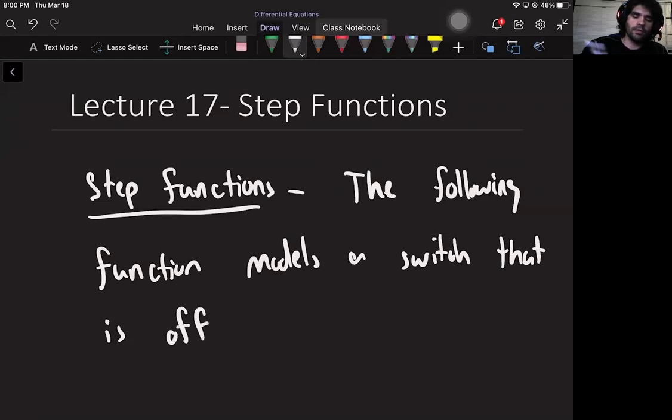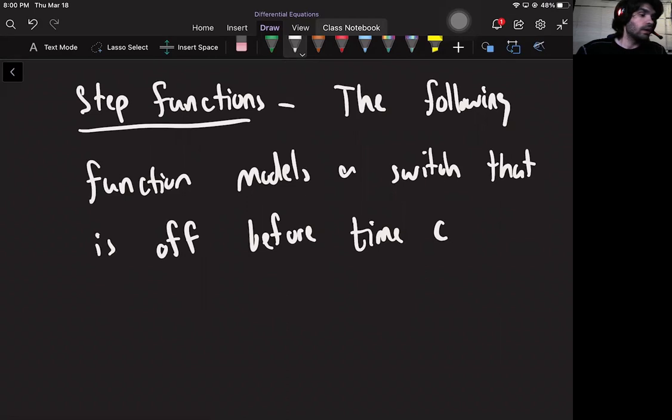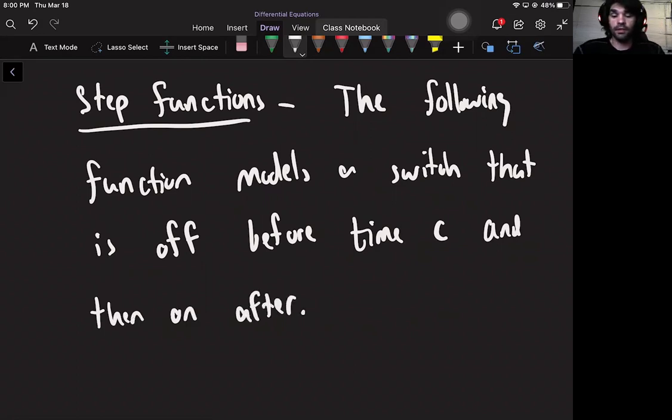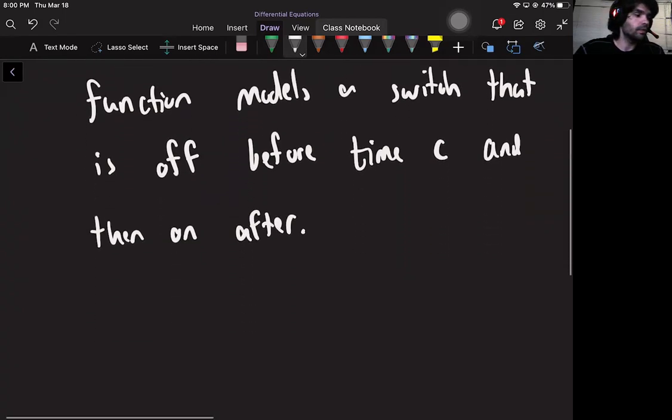So we're going to think about it as being off before some time given by c, so some number, and then on after. In real life, there's lots of things like this, so it's good to have a function that models this sort of situation.